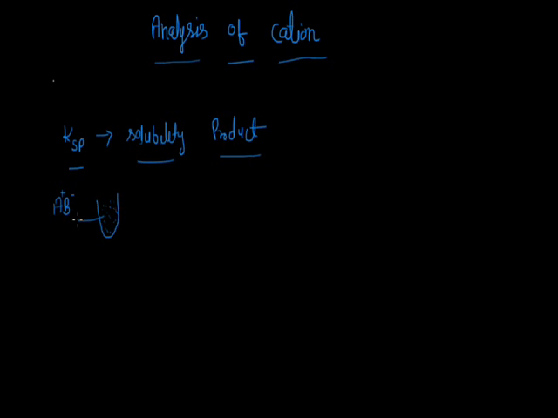This is the solution of this AB. Now, in this solution, the product of this A plus and B negative ions is called the ionic product of the solution, since it is the product of ions.